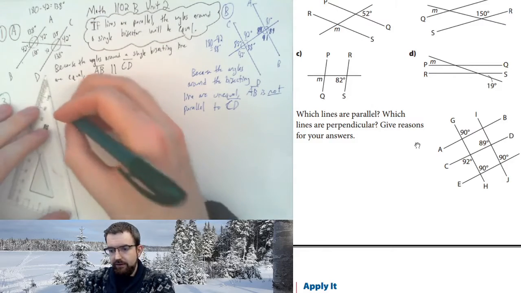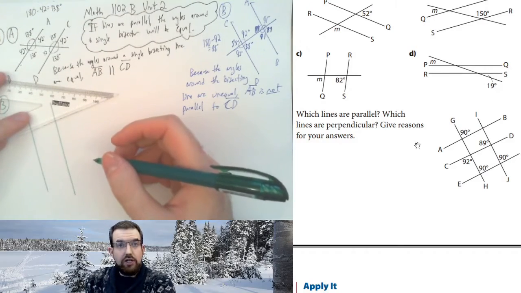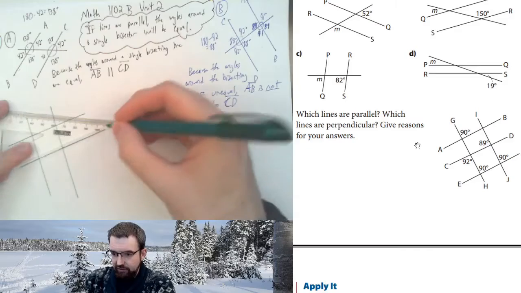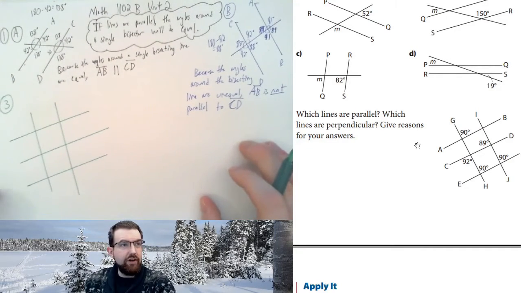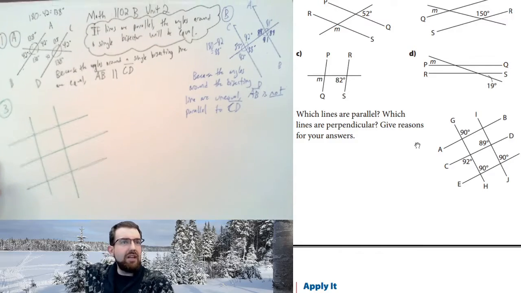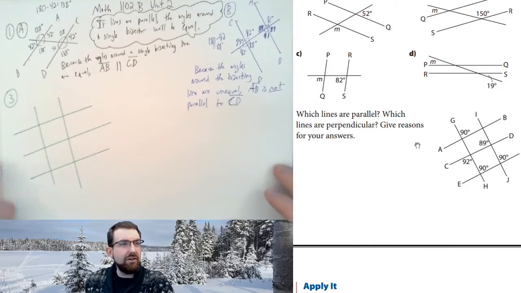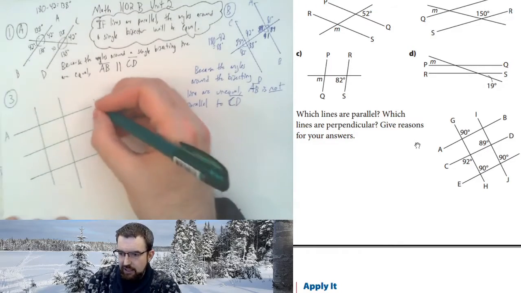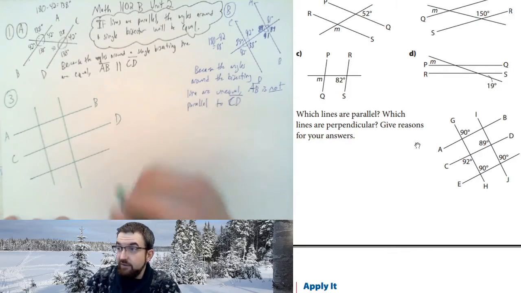Let's see here. So I'm going to draw this one out fairly large because we're going to have a fair bit of labeling on this diagram to do. Okay, let me straighten up. I think we're zoomed in a little bit too much there. There we go. Yeah, that looks a bit better. Okay, so this is going to be AB here. This is going to be CD.